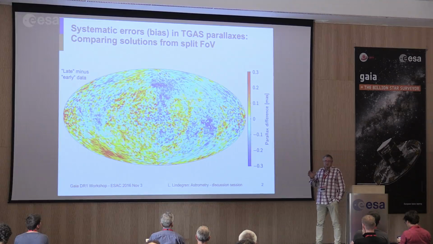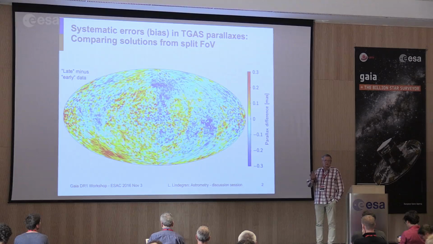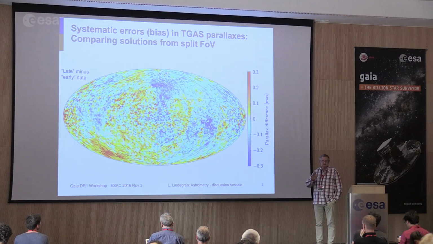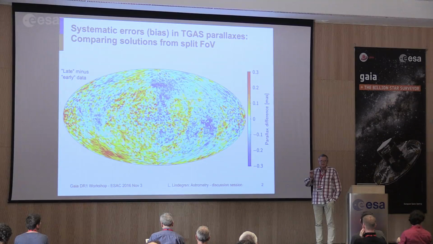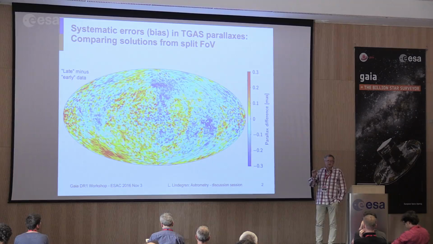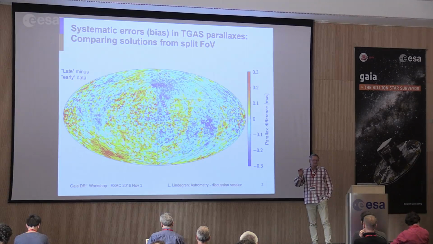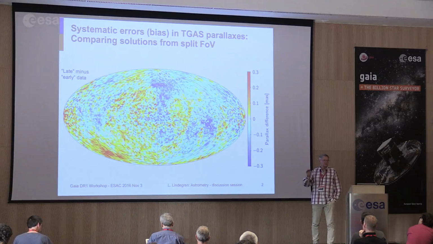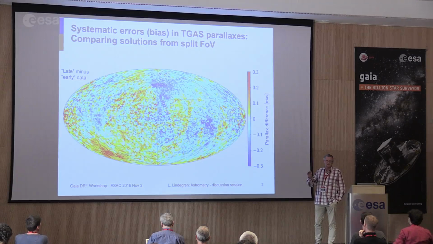Parallax is determined by a least square solution of the different scans across a given star. And that means that basically the displacement in the field of view is a certain linear combination that gives the parallax for that star.